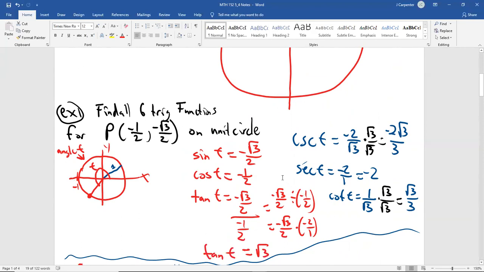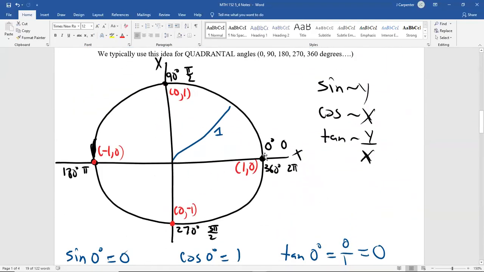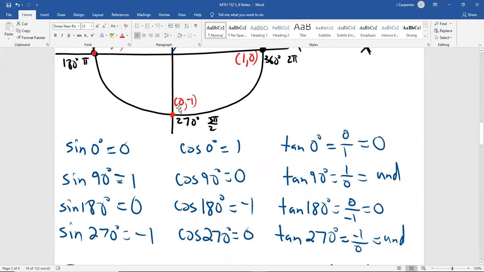We just fell back and said, hey, the unit circle is really just best for doing 0 degrees, 90 degrees, 180 degrees, 270 degrees, or the radian version, 0, pi over 2, pi, 3 pi over 2, and 2 pi. We established the sines, cosines, and tangents for those 4 angles. You can memorize them if that's your preference. Me personally, I build them on the fly every single time. There's a couple I have memorized because they get used so much.